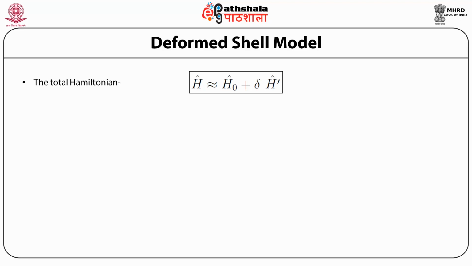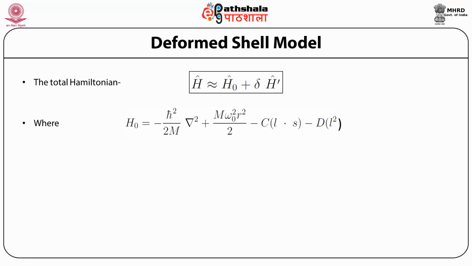It indicates that we have assumed our axially deformed nucleus as equivalent to a spherical nucleus with a small perturbation part. So H0 is the spherical nucleus part, and H dash is the perturbation part due to the deformation. H0 is given by minus h bar square by 2m del square plus m omega 0 square r square by 2 minus c l dot s minus d l square.